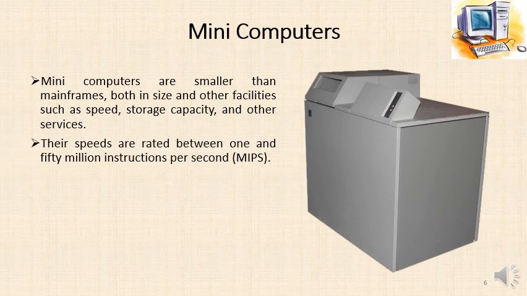Their speeds are rated between 1 and 50 million instructions per second. So it is named MIPS, meaning millions of instructions per second. The minicomputers are able to execute millions of instructions per second.